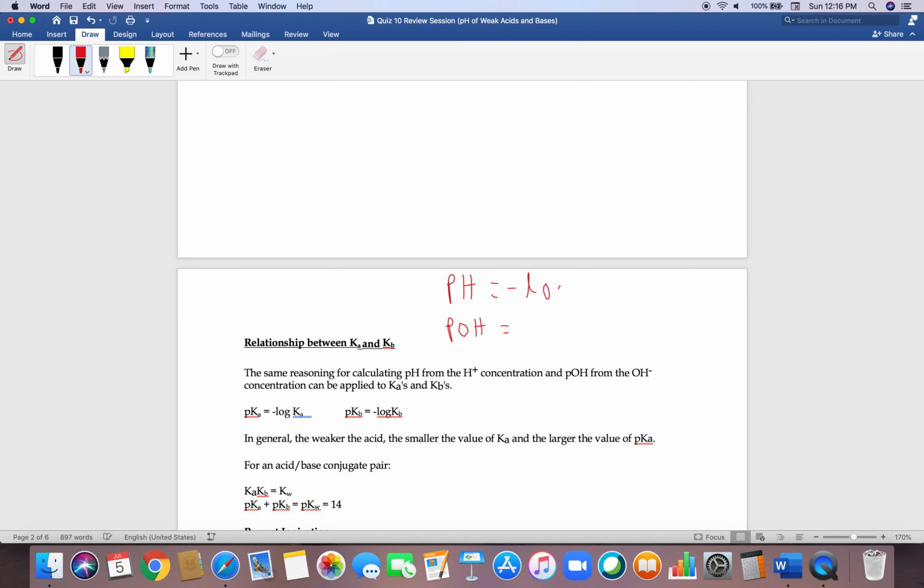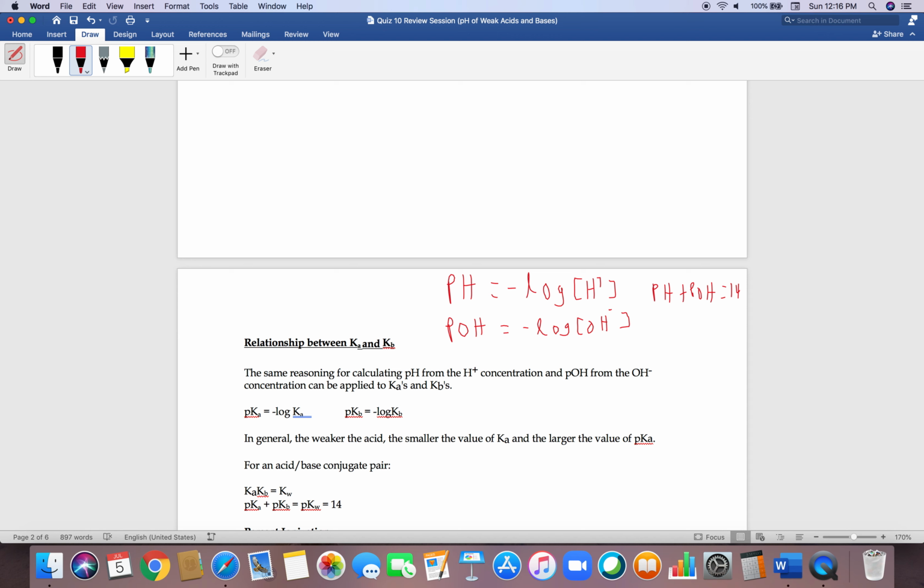So the pH would equal the negative log of the hydrogen ion concentration, while the pOH would equal the negative log of the hydroxide ion concentration. And the pH plus the pOH equal 14.